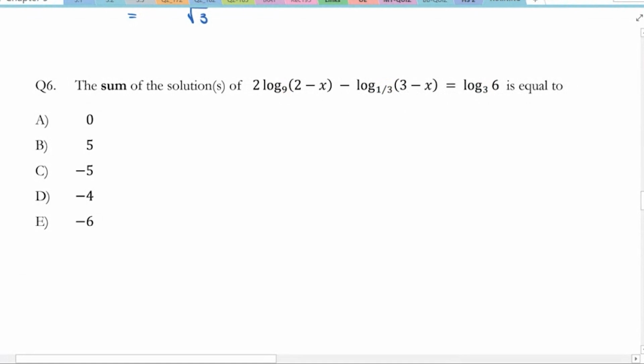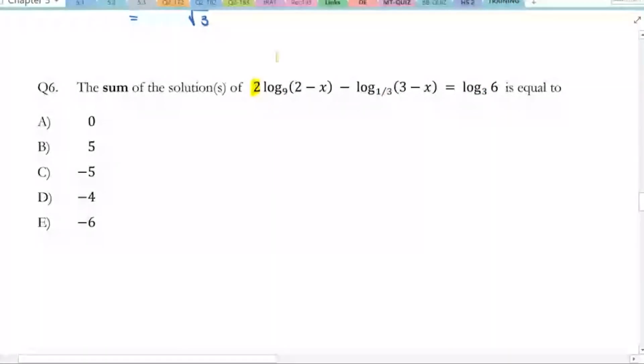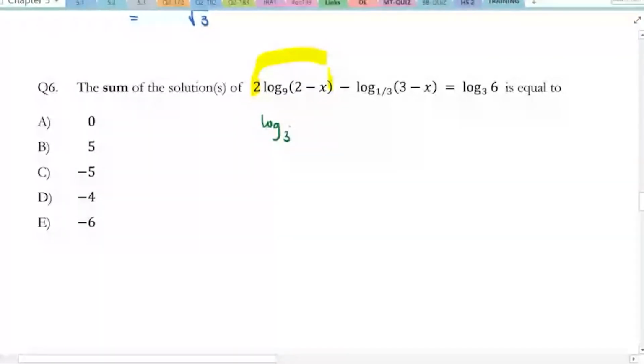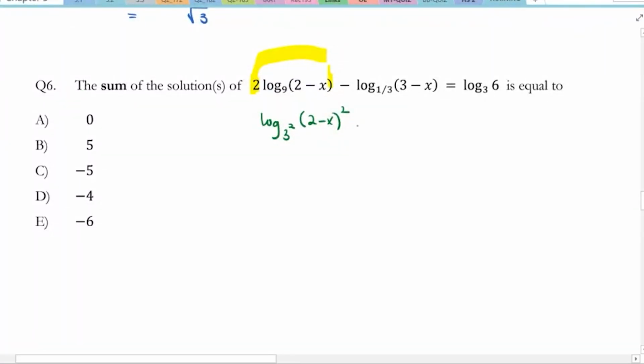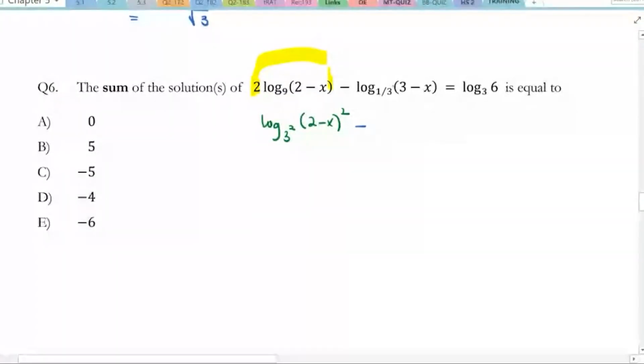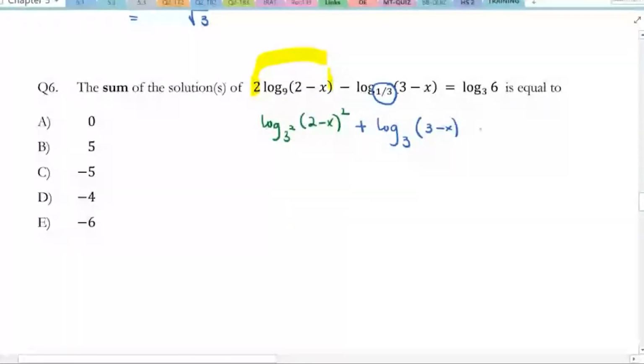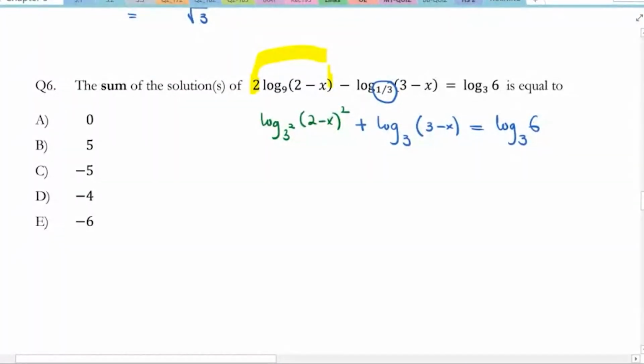So let us rewrite, please. Now apply the power property and bring these 2 here. We have log base 9. Now we can write it as 3 to the power of 2. And then we have 2 minus x all to the power of 2. Here we have minus, but here we have 1 over 3. So this becomes positive. And then we have log base 3 of 3 minus x equal to log base 3 of 6.